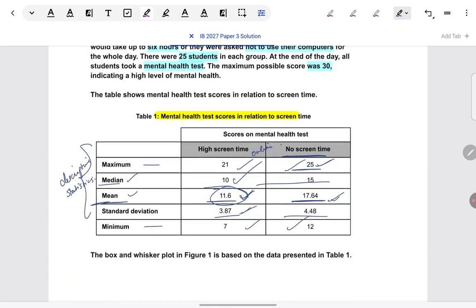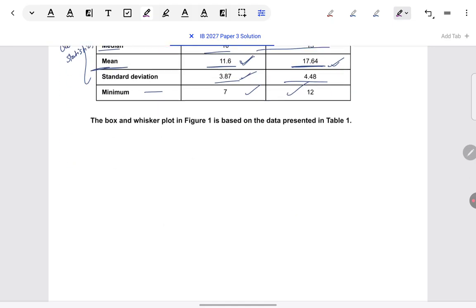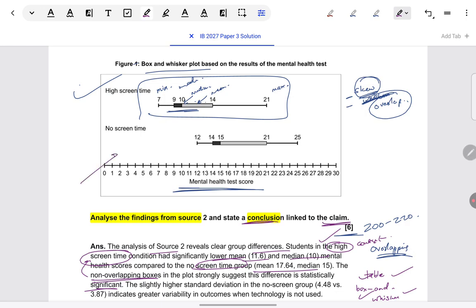On the table, they did not give us significance. Otherwise, what you'll see on tables is an asterisk, and then they will suggest below something like significance is there. But in this particular table, which they have released in the specimen paper, they haven't given any indication of significance. So we have no other way. We have to look at the box plot.